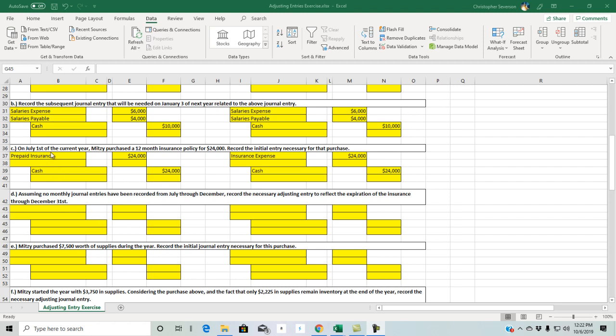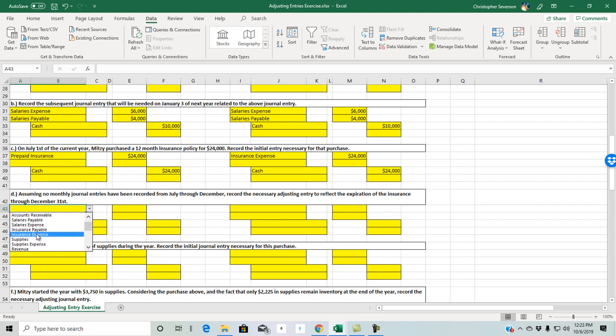So you have to take a look at what method you used to initially record it and do the proper entry to get everything to the proper balance. So if we set everything up as a prepaid insurance asset, then at the end of the period, we have to move some over to insurance expense.